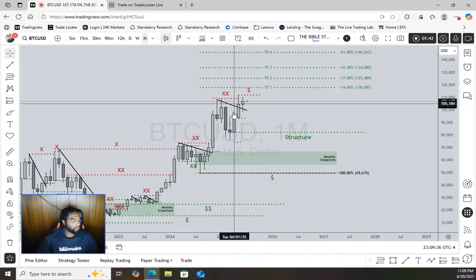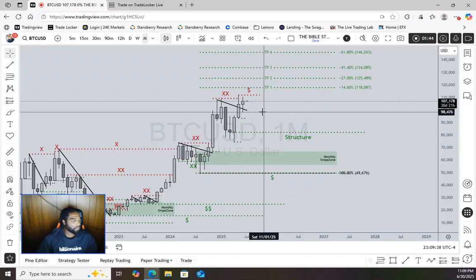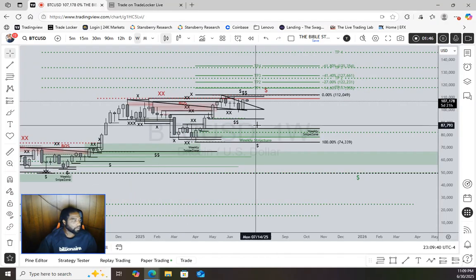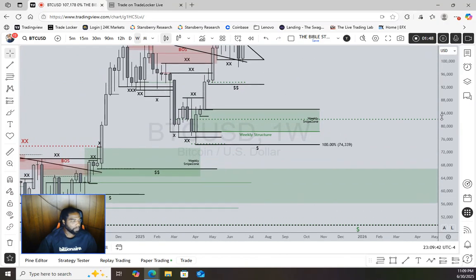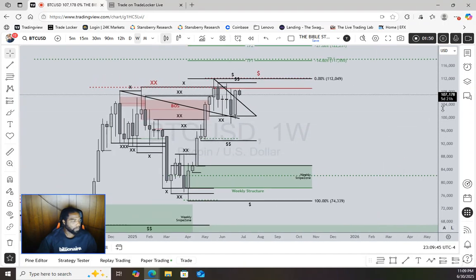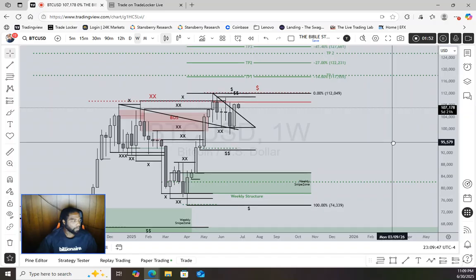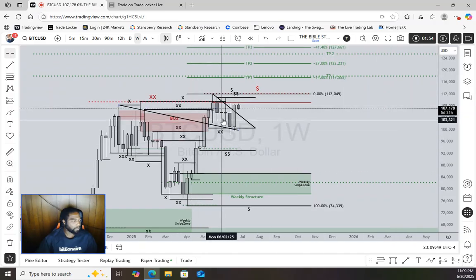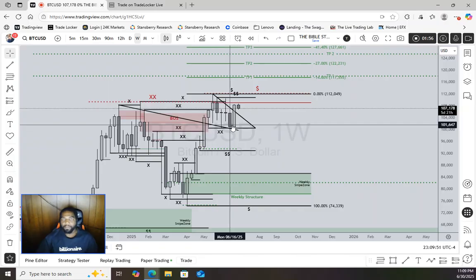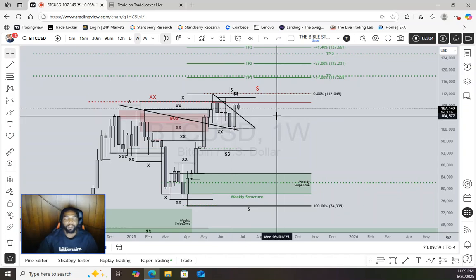And now to determine what price is doing here, scale down to the weekly. And again, as you can see, I'm here, new month, and also we got a daily swing point. So, right on time with dropping the video.